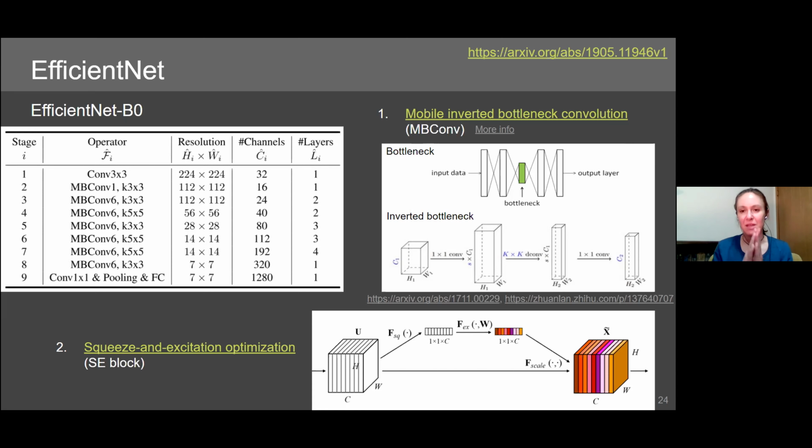Then the importance of each of those channels is evaluated, and you come up with a weight for that channel, which you then expand back again and then continue on your way. So this is a way to incorporate more generalization into the network, which especially for this camera trap competition was probably very important. So that's how they came up with this architecture for EfficientNet.